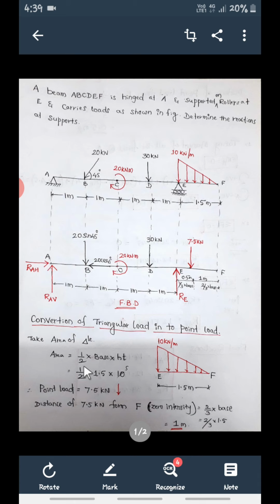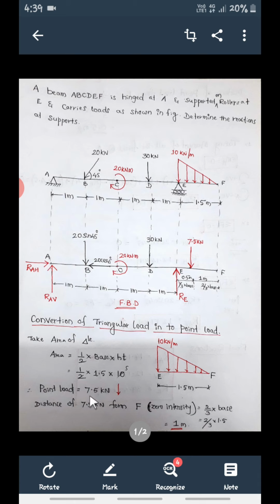We know it is half base into height. So half of the base, 1.5 meter, into the height, 10. If you calculate, you get 7.5 kilonewton. This is a downward point load, so here I have put 7.5 kilonewton.